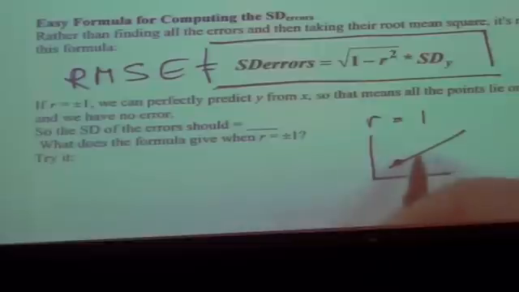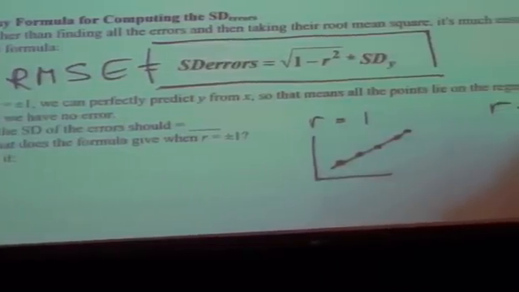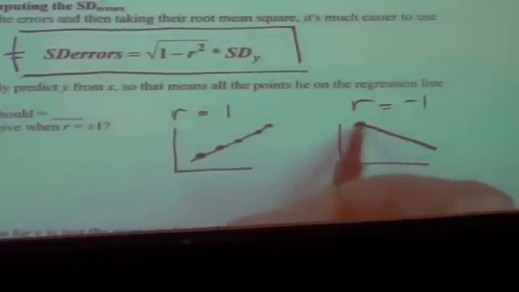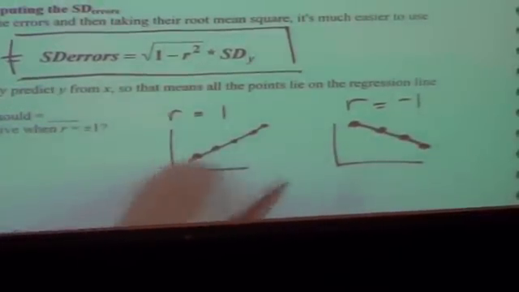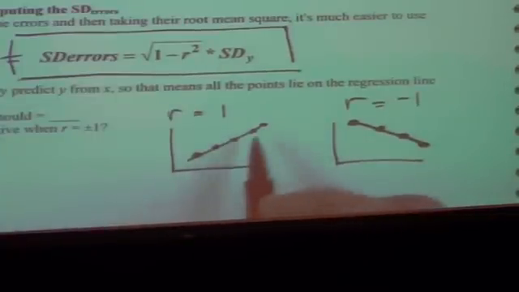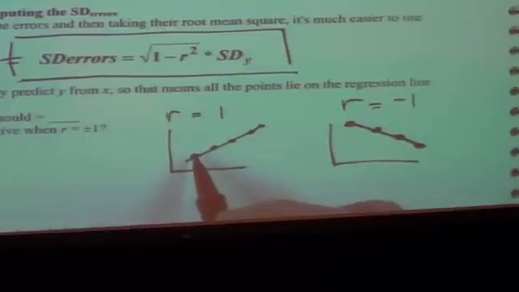All points are on a line that slopes up. What does r equal negative 1 look like? All points are on a line that slopes down. Now, you tell me, is there any error here at all? Is any point off the line?